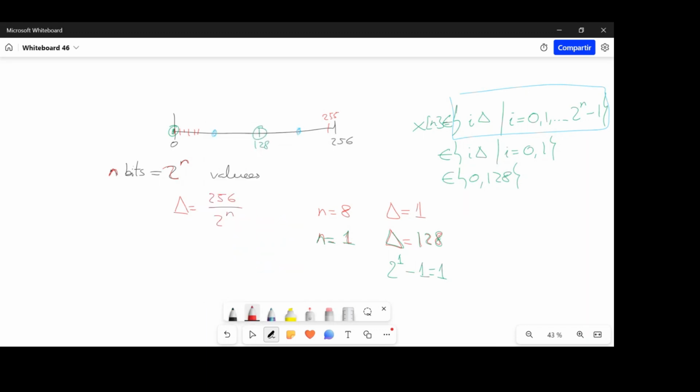Let's say that you have steps of one. So I have a histogram here, my values, my image. Now let's say that I take only the green values. What is the error between any one of these values and 0?